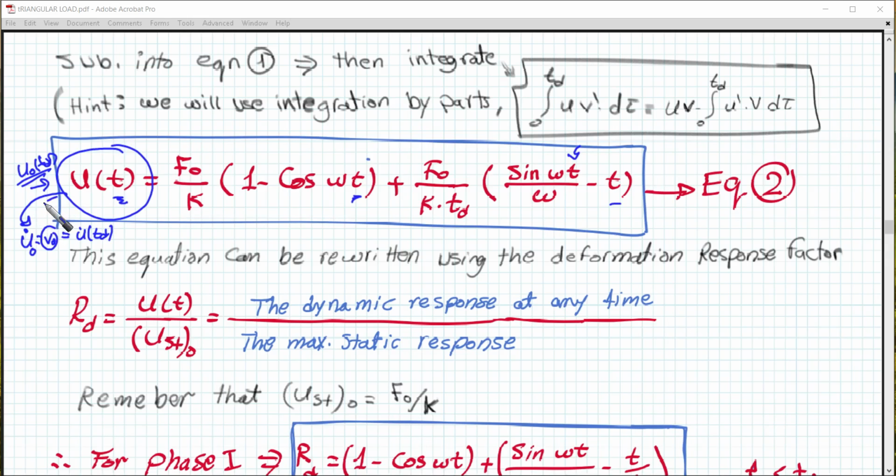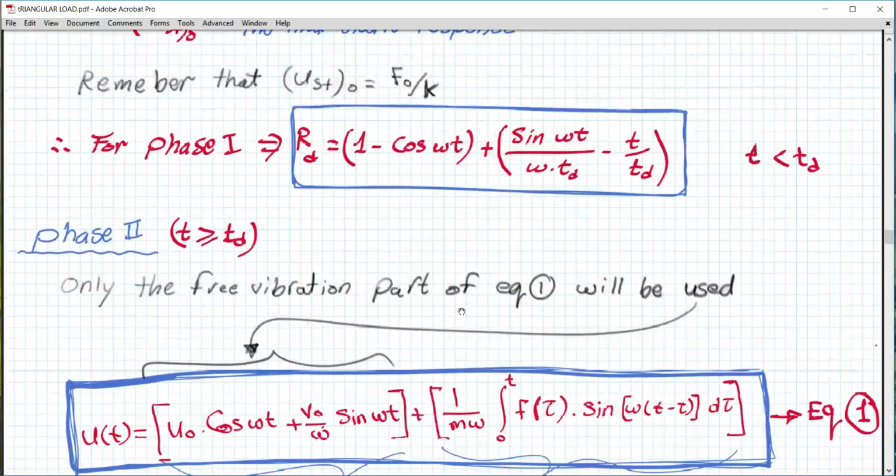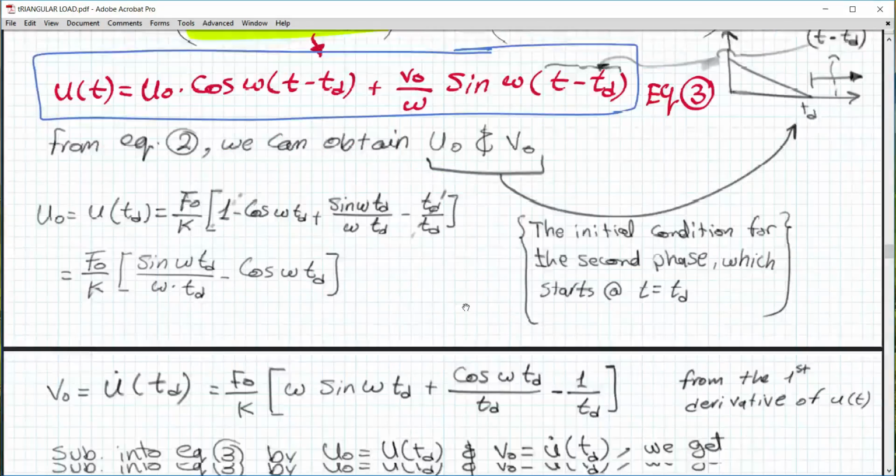So we're going to take the first derivative of this equation and substitute, by putting TD instead of t, in order to get u node and v node. Let's erase here and go back to our phase 2.